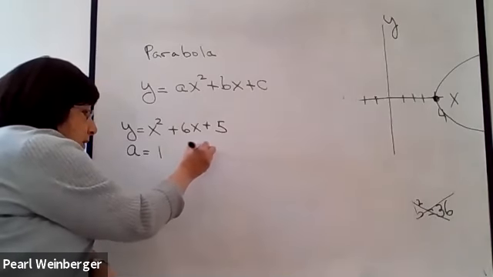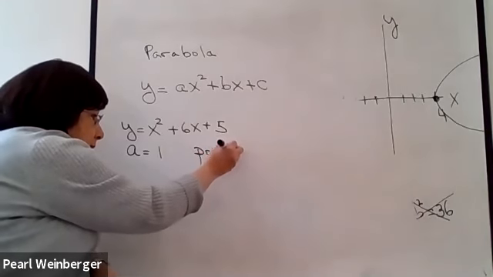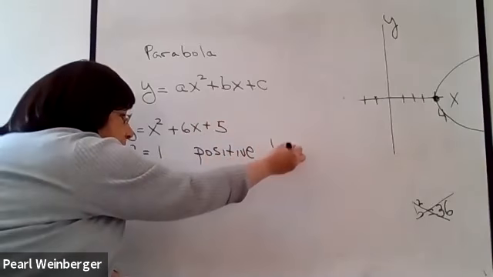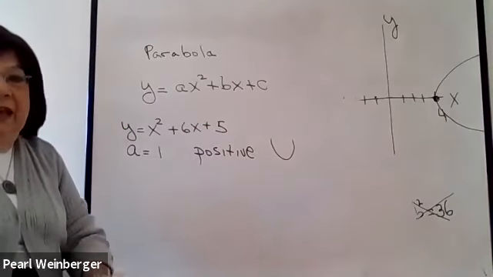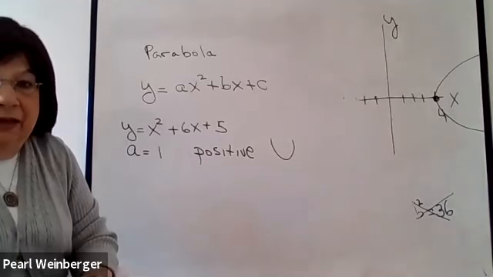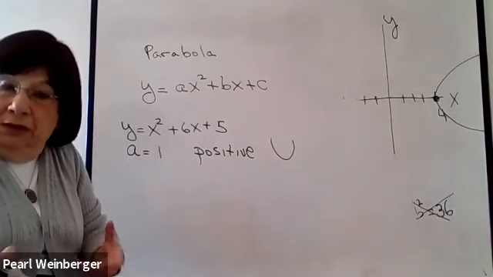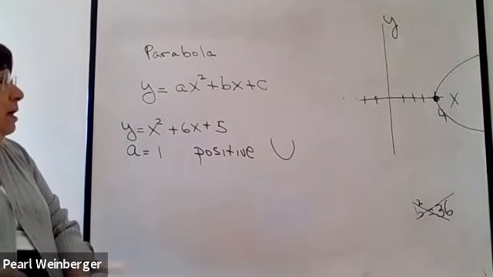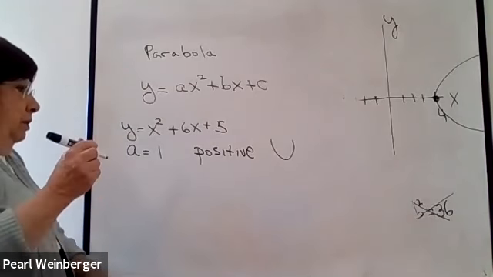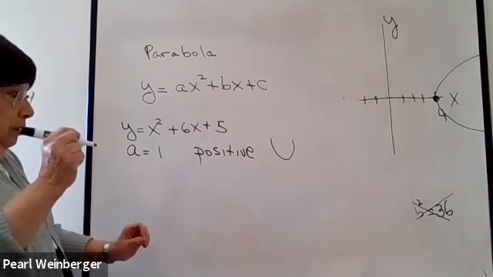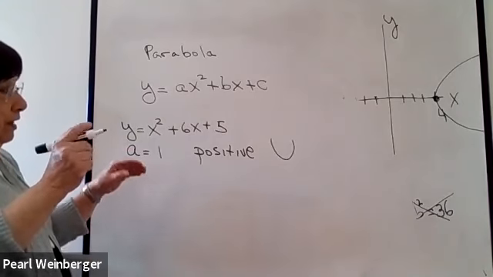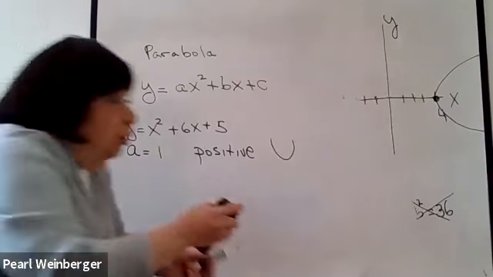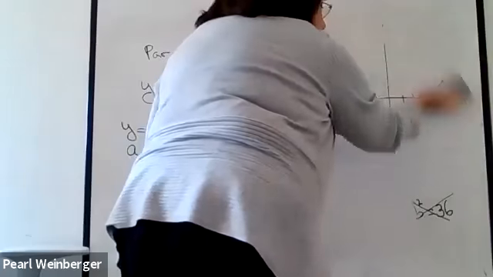It's a positive number, which means that you're going to have an opening up U. It's got to look like a smile. a is positive. When somebody's positive, they're smiling. Keep that in mind. So that's the first important thing: does this open up or does it open down?